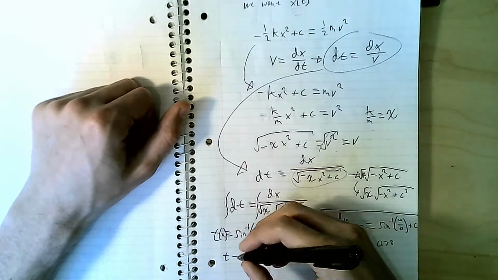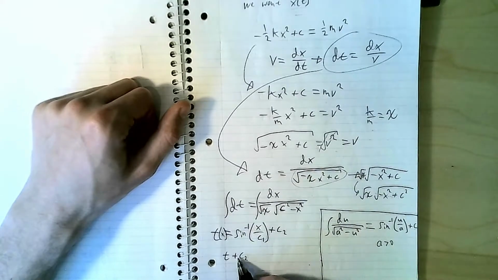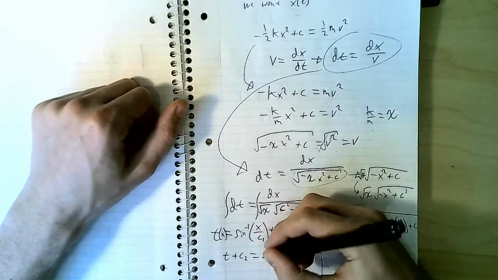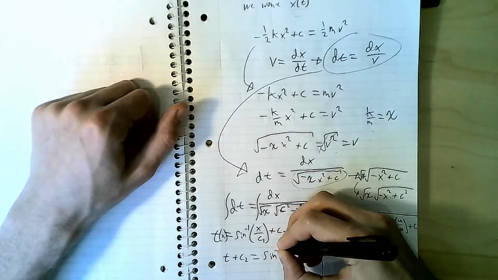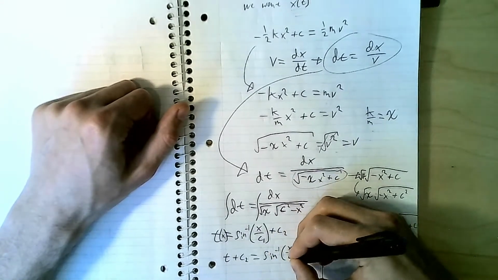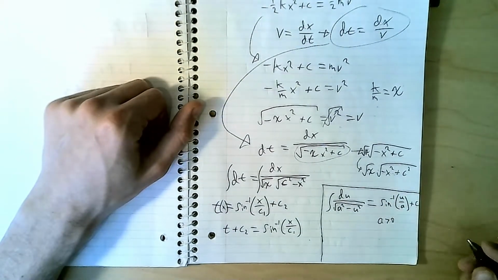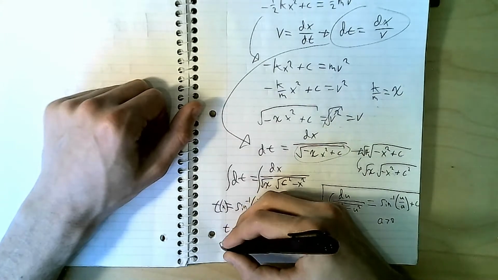So we'll say t plus c2, and I'm going to keep it plus here because it's undetermined, so we suck the minus sign into it. All right. And now we take the sine of each side.